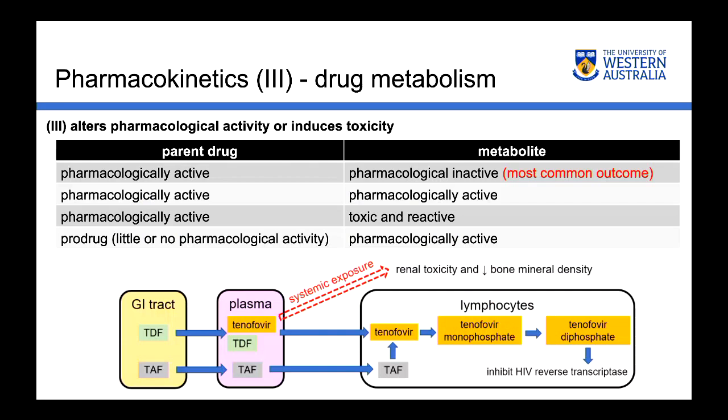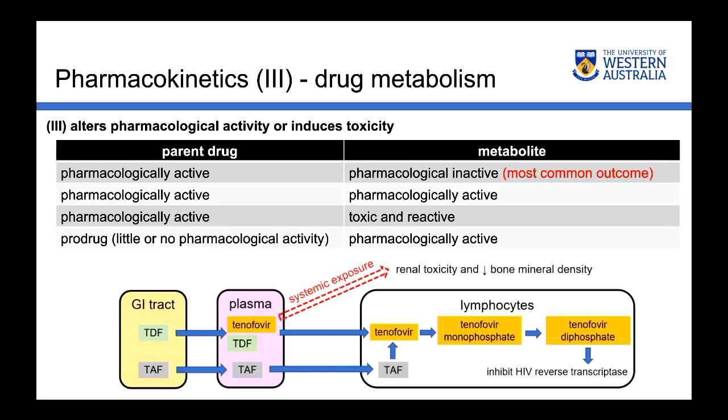Now the third outcome of drug metabolism is that it can change the pharmacological activity of a drug, or it can potentially introduce a toxicity. The most common outcome, though, is that the parent drug is pharmacologically active and produces therapeutic effects, but once the drug undergoes metabolism, the metabolite is inactive, and then the metabolite will be removed from the body through excretion and elimination.